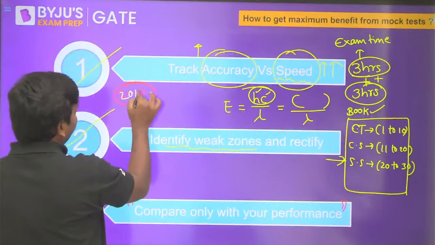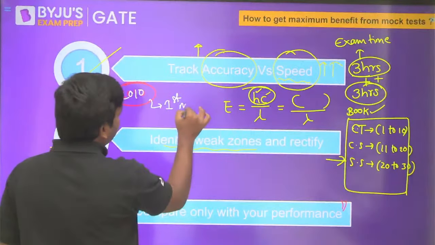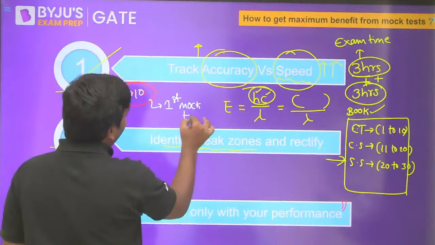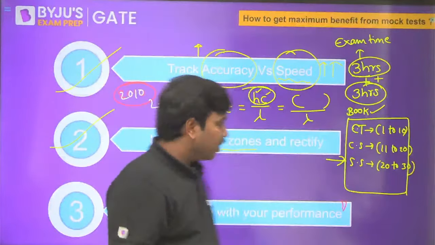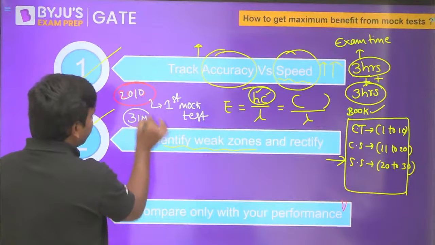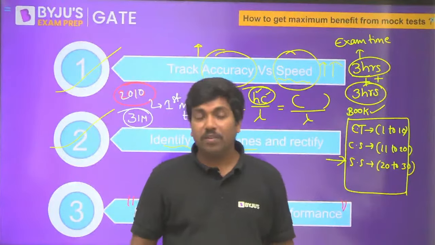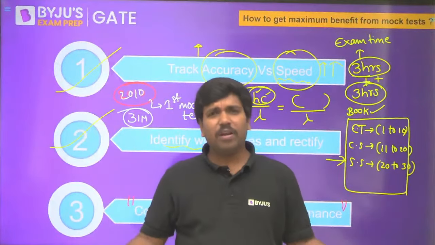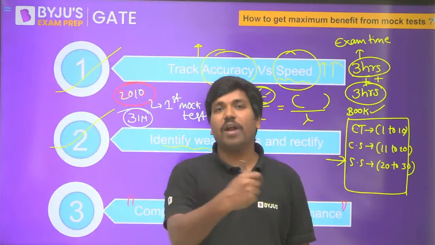So 2010, I remember in my first mock test, I had prepared around 70 to 80% of the syllabus. In my first mock test, do you know how much score I got? I got just 31 marks. Trust me, I got only 31 marks, which is very less, right? But I was never disappointed. With that 31, I was very confident. That is the kind of attitude you need to build.